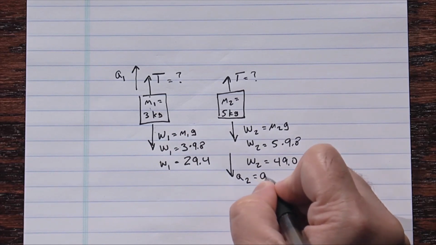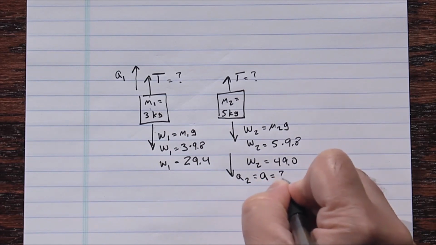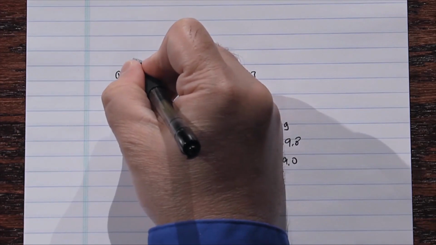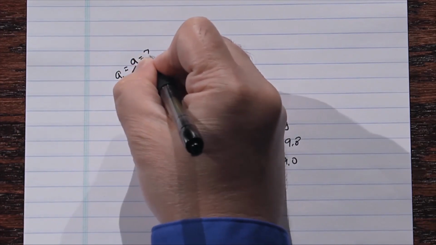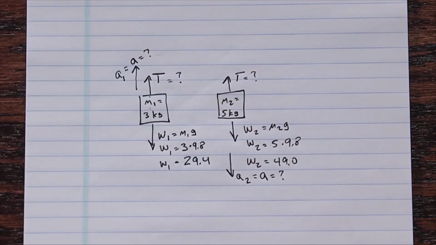So I'm just going to rewrite that as A, that's an unknown, and A1 is equal to the same A, which is an unknown. At this point, we have drawn and written in everything that was in our problem statement.